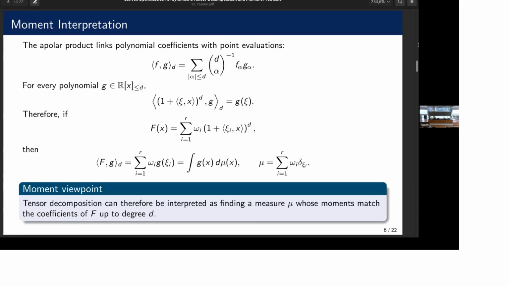So if our polynomial f is written in this way, its apolar product with any polynomial j is the integral of j with respect to the measure mu. Now we can see that the tensor decomposition problem is finding these measures mu, where some moments correspond to some coefficients of the tensor.